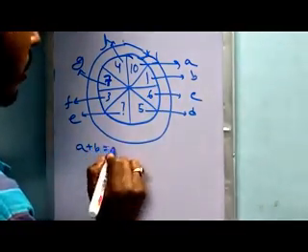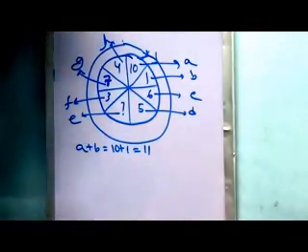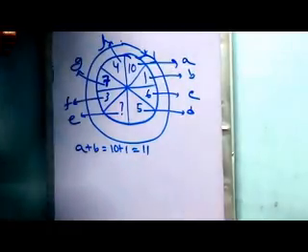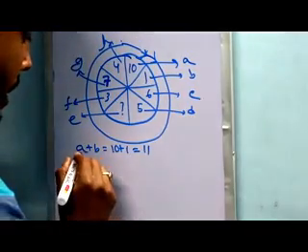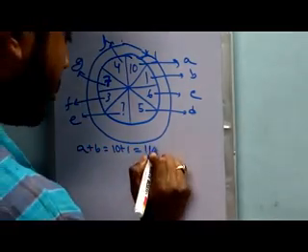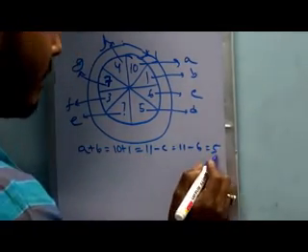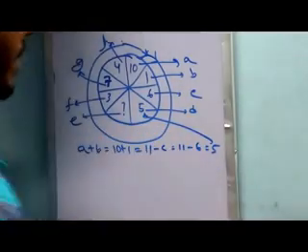A plus B equal to 10 plus 1 equal to 11. Now subtract C from the addition. So 11 minus C equal to 11 minus 6 equal to 5. That 5 is put here.